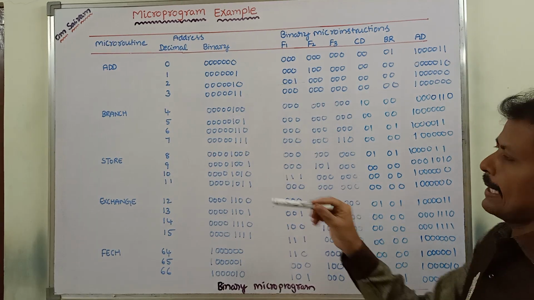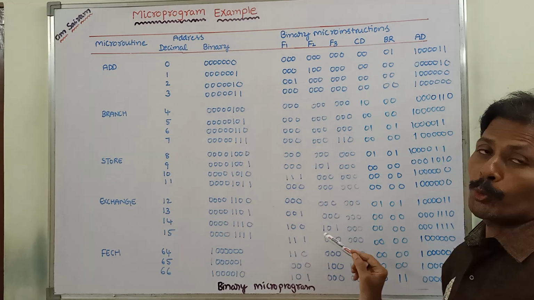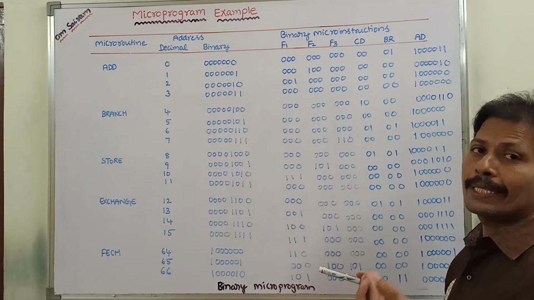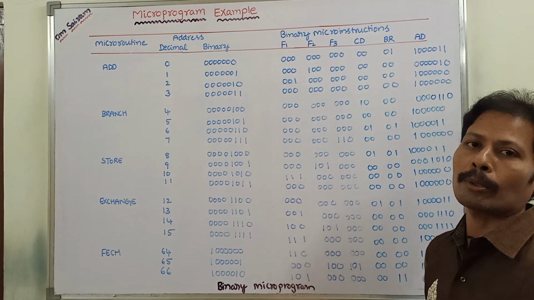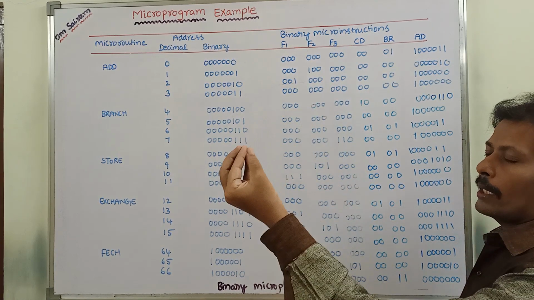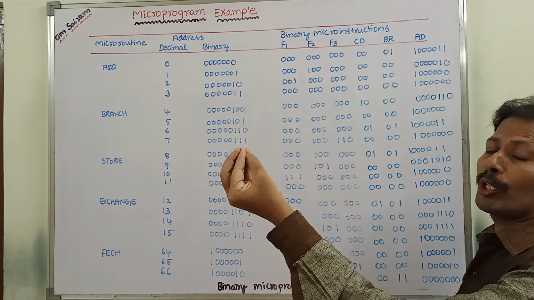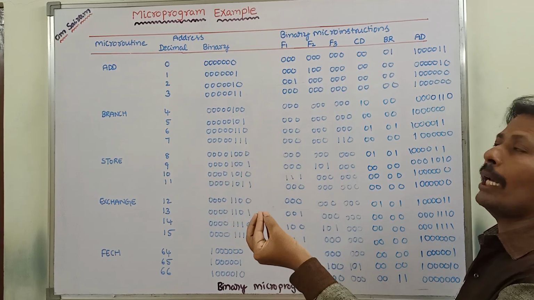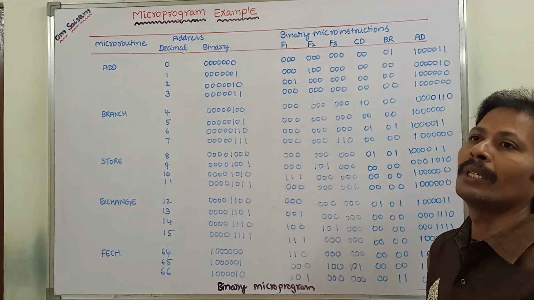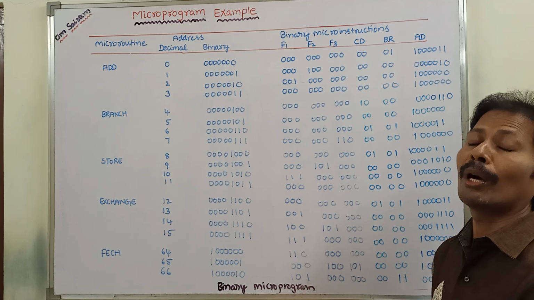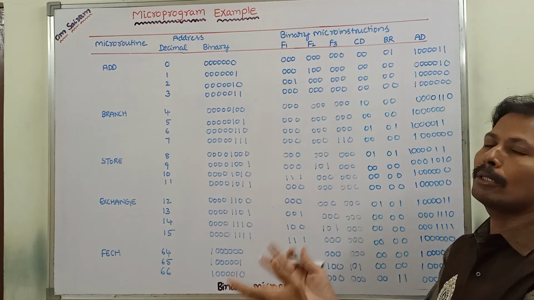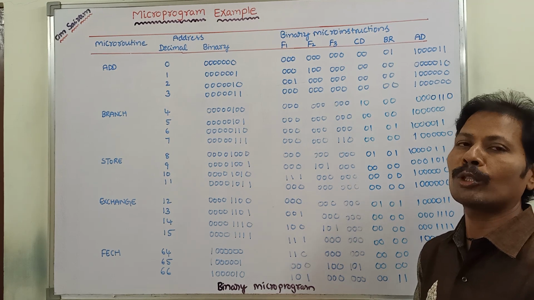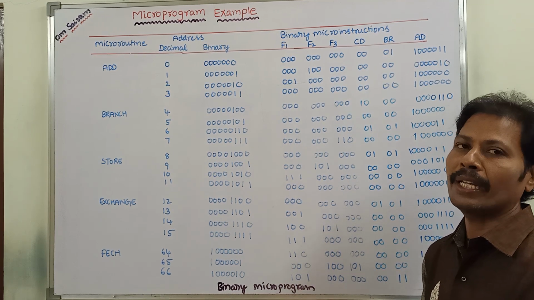The corresponding binary microprogram can be stated next. This is the binary microprogram for the various instructions mentioned in the symbolic microprogram. The equivalent binary microprogram can be obtained by using the assembler. The assembler is used for converting the symbolic microprogram into the binary microprogram.